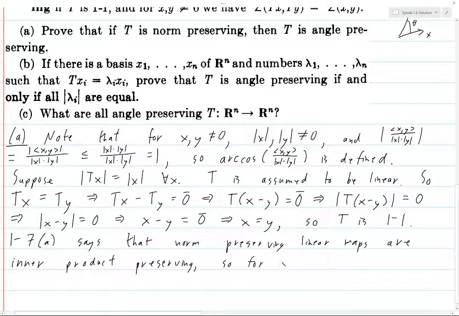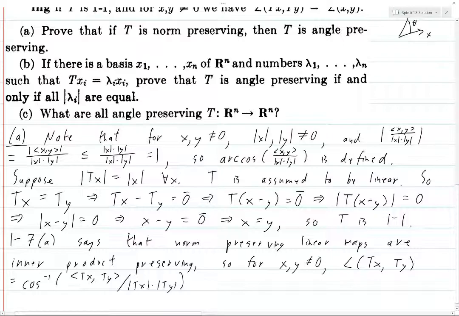So for x and y not equal to 0, the angle of Tx and Ty is, let's see here, arc cosine. I'll just write cosine inverse because that takes less time. I'm going to write it like this: Tx comma Ty over norm of Tx times norm of Ty.